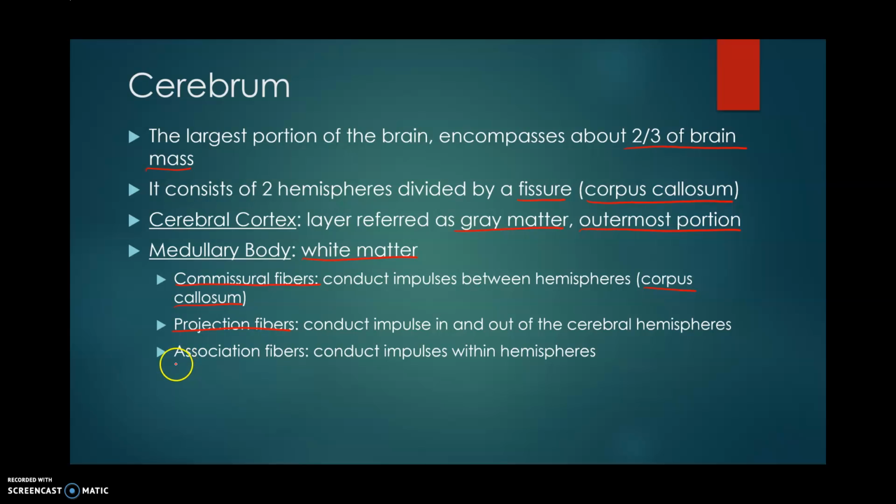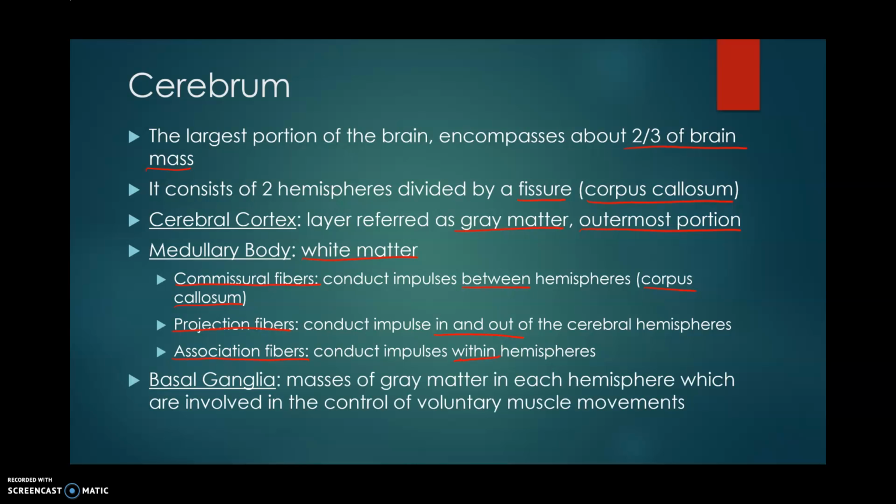And then our last one is association fibers, and these are going to conduct impulses within. So we see between, in and out, and within. All these different fibers are going to be part of that medullary body, which is just a lot of communication within the brain and to the outside, other parts of your body.